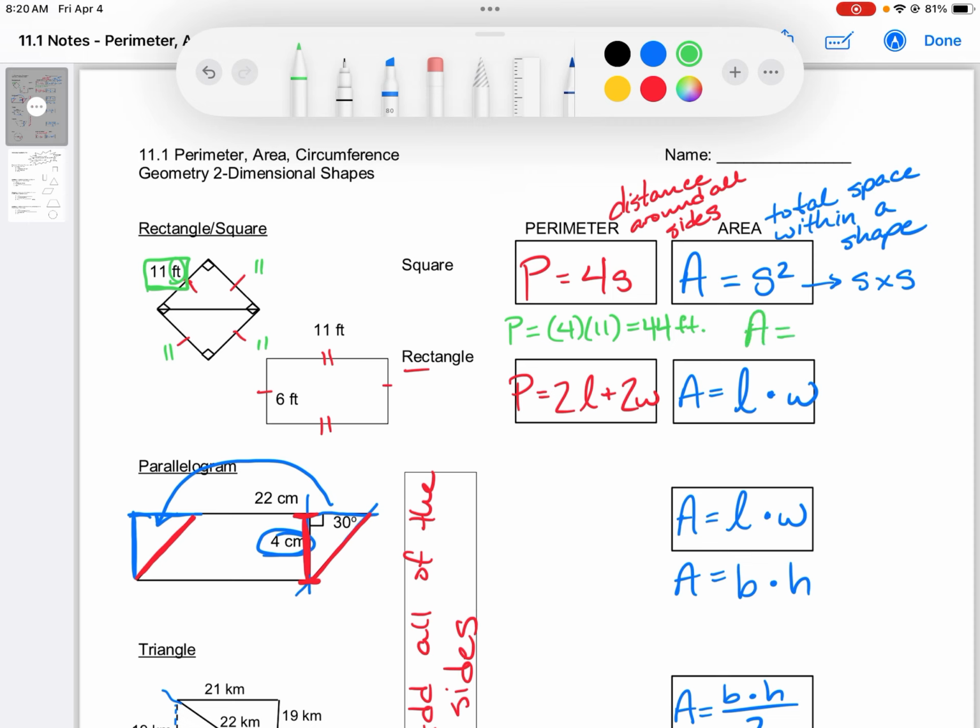Now for the area equals side squared, so that would be 11 squared, which is the same as 11 times 11, which is 121. And when you're doing area, your units will be squared. So this is 121 square feet.